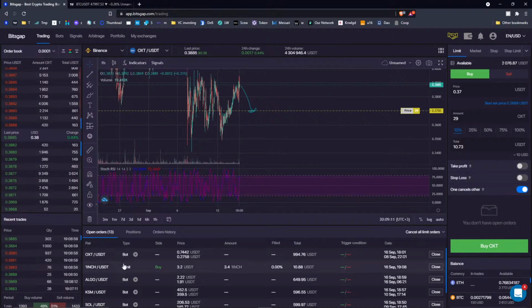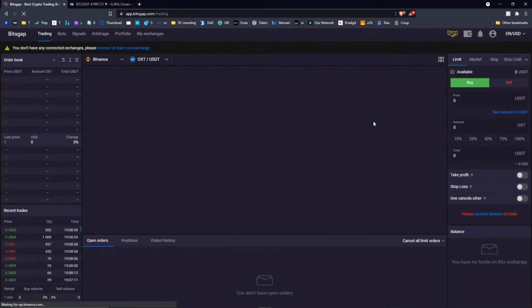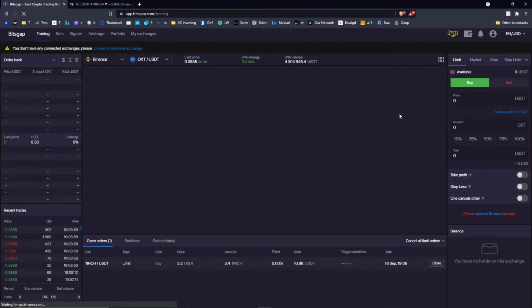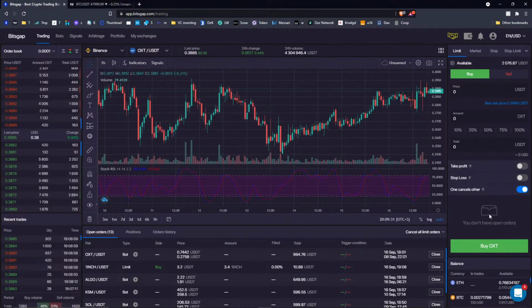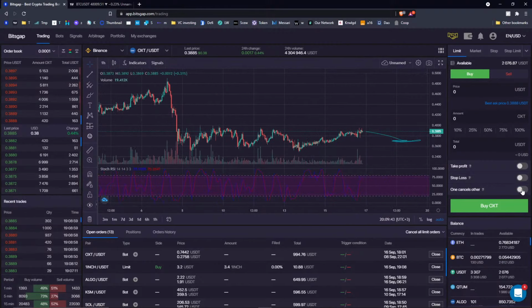Okay, well, I don't have open orders, that's strange. It might be lagging. The last time I checked this feature, it was working perfectly, so as of now I don't see a reason why. Let's maybe update it real quick. Okay, that's really strange, because I actually have this open order pending. It shouldn't be like that.